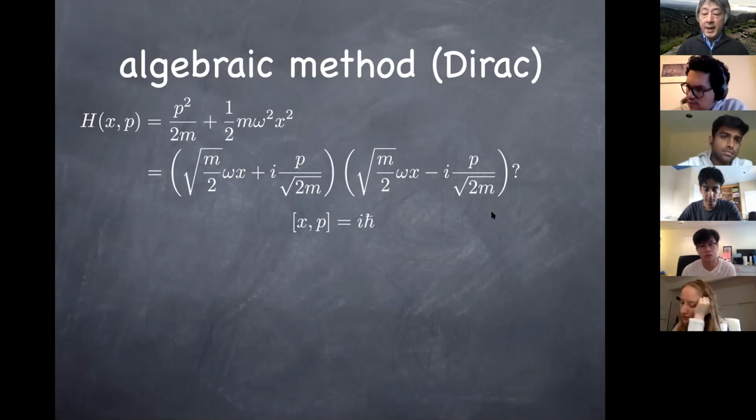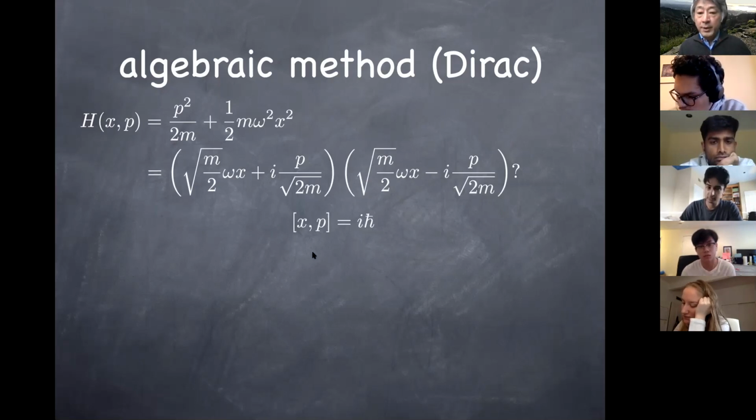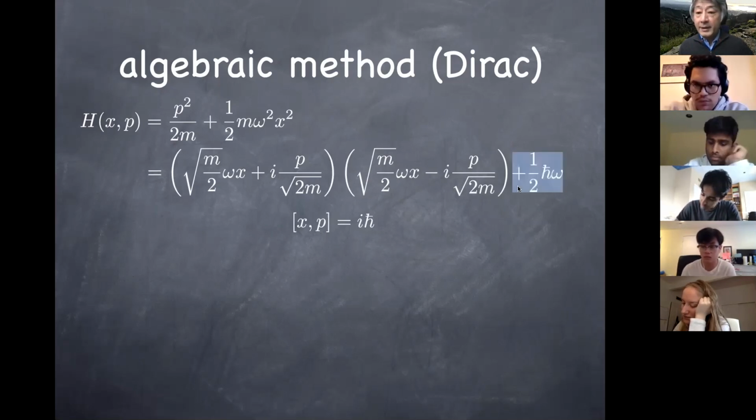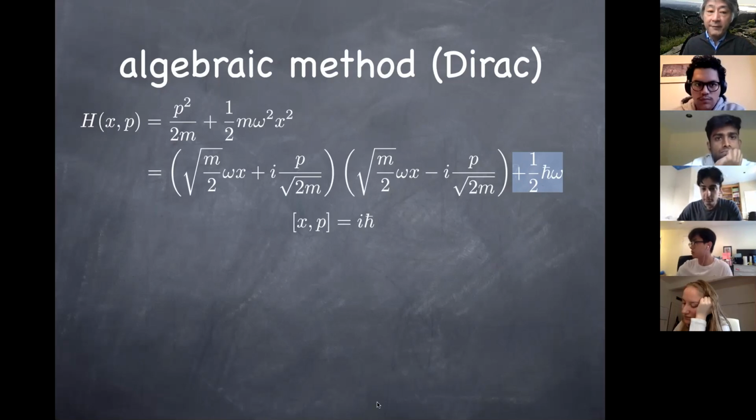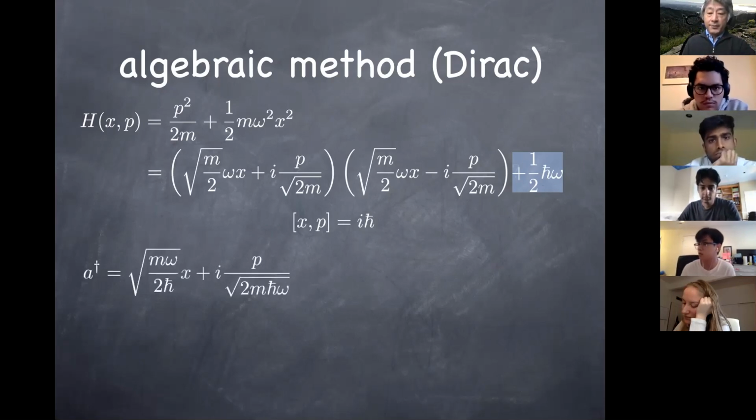So they come with the opposite ordering between x and p. At the classical level, this is completely okay. But now that we are talking about quantum mechanics, it's not okay. Once I am careful, there's this extra term here, which is half h bar omega. That's why we have this half h bar omega in the energy levels of the Hamiltonian in quantum theory.